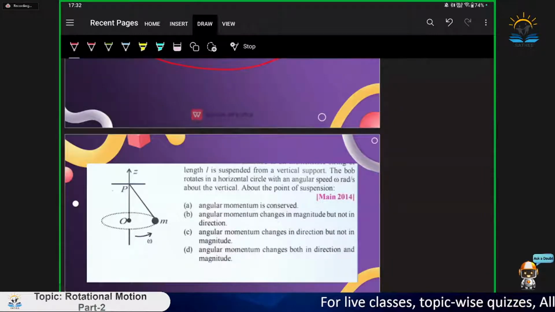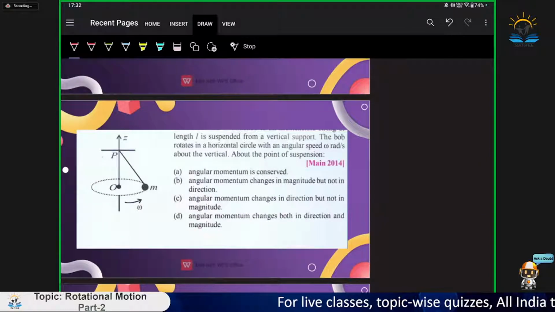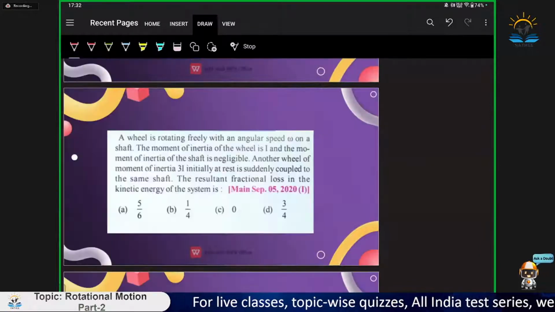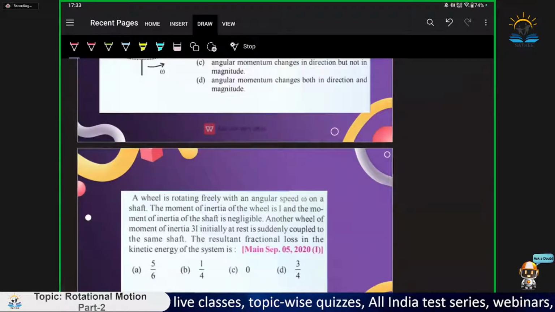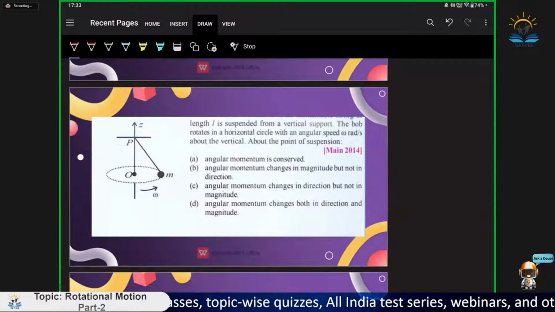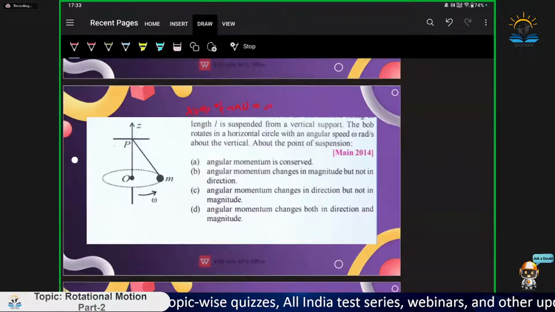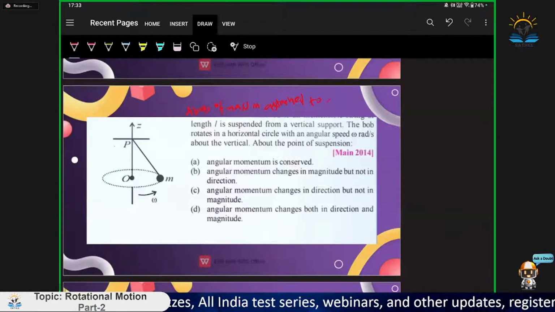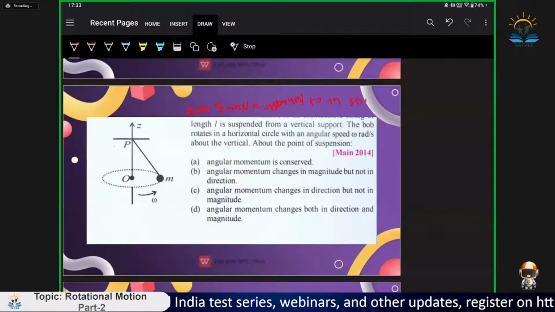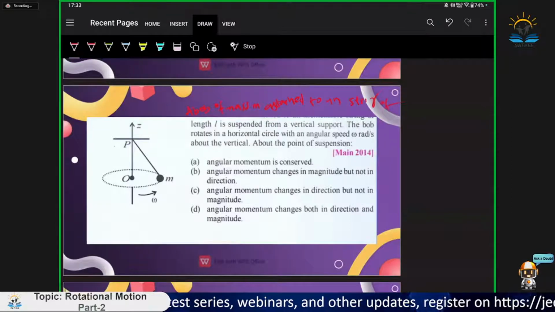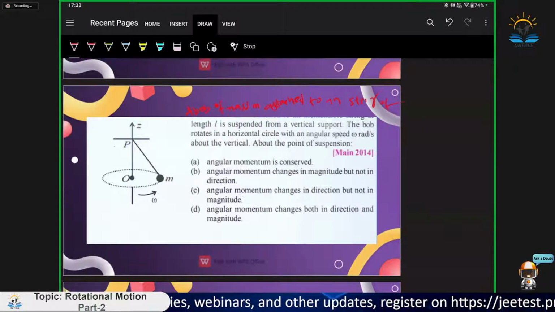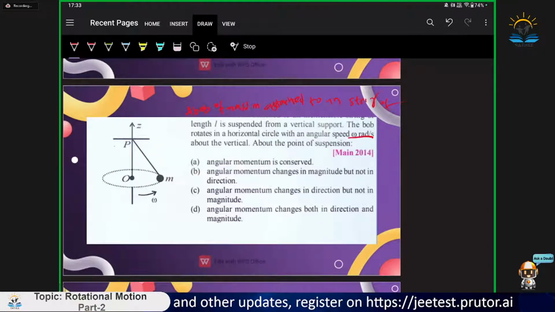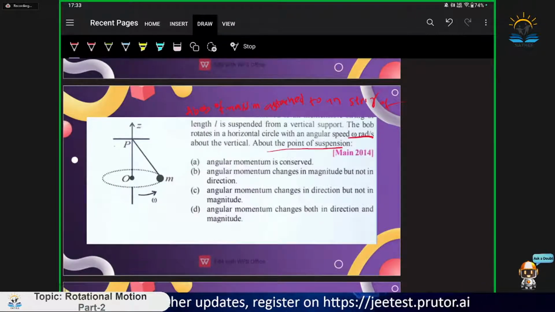A bob of mass M attached to a string of length L is suspended from a vertical support. The bob rotates in a horizontal circle with angular speed omega. What about the point of suspension? We have to find out angular momentum.